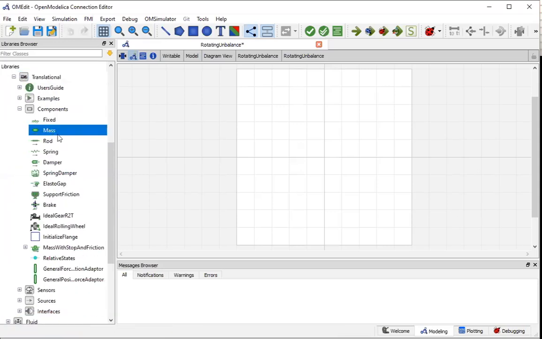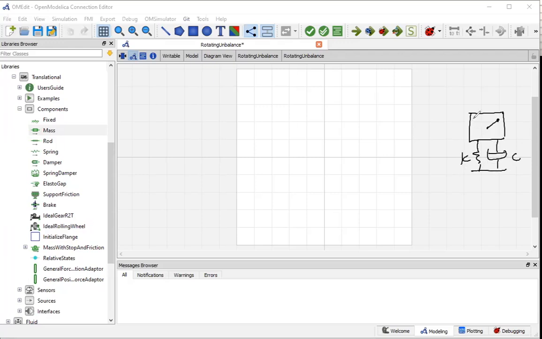Keep in mind that what we are looking at is a system like this. It's rotating, and there's a spring and a damper there, C and K. This is the M. So what do I need?